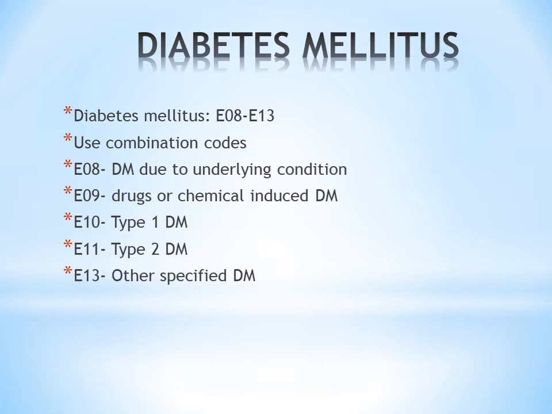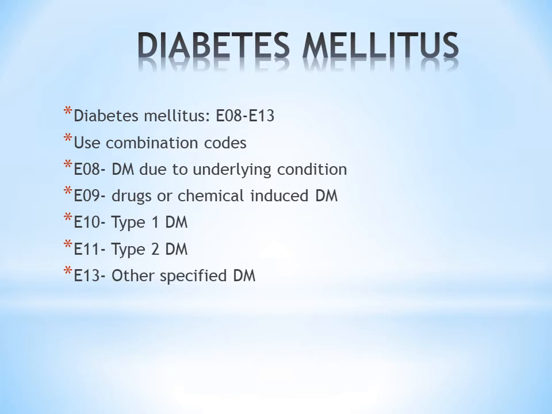So let's see each individual code for diabetes. First one is E08. E08 is diabetes mellitus due to underlying condition. That is, if diabetes mellitus occurs due to some other condition like cystic fibrosis, for example, then we have to code E08, diabetes mellitus due to underlying condition.